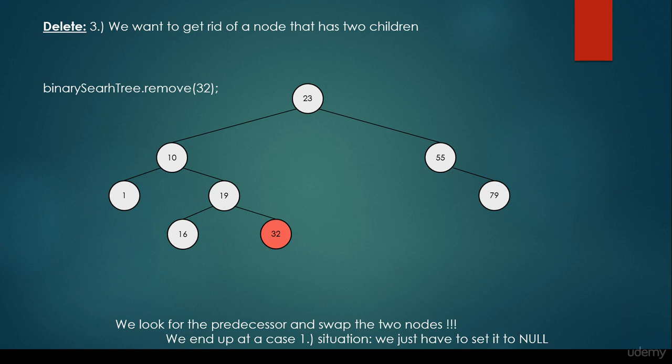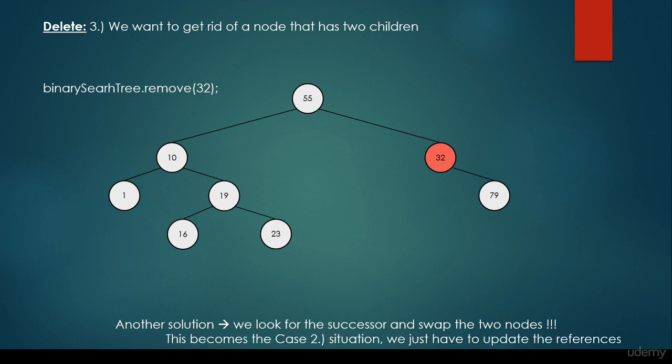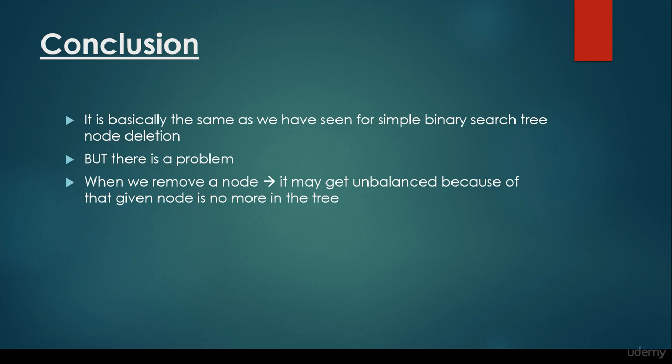We just have to set it to null. This is exactly the same as we have discussed for binary search trees. We can also do it with the help of the successor. As you can see, after the swap operation, we end up with a situation we have already considered. It's going to be a node that has a single right child. We just have to update the references accordingly. The time complexity is logarithmic, of course.